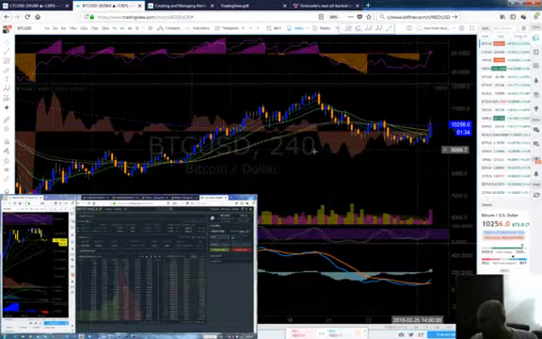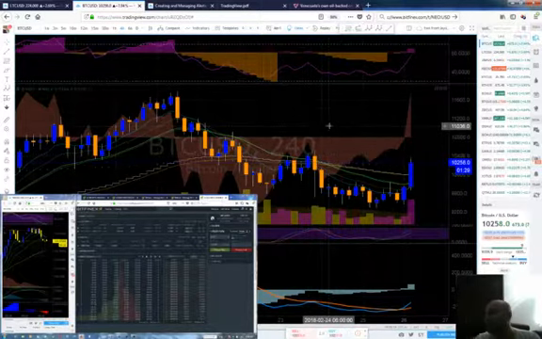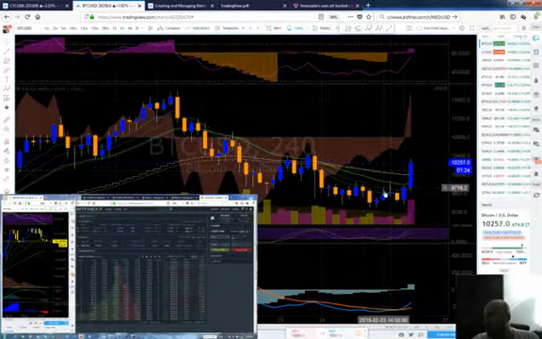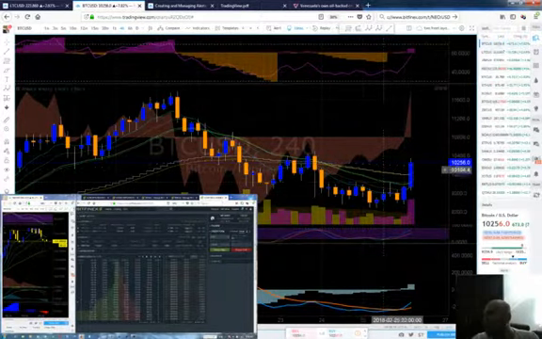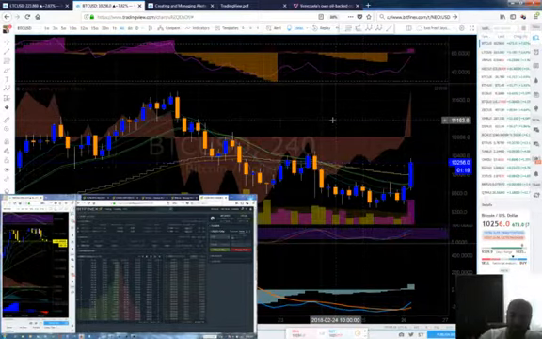Alright. So I'm looking at these moving averages. These moving averages are going to tell me yes or no, sustainable or not sustainable.